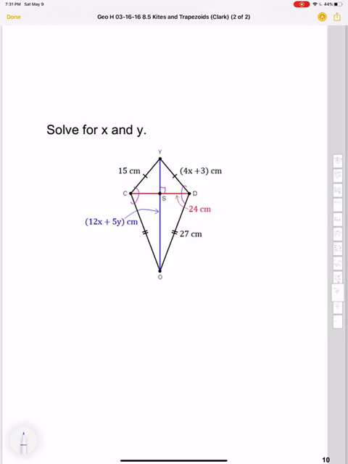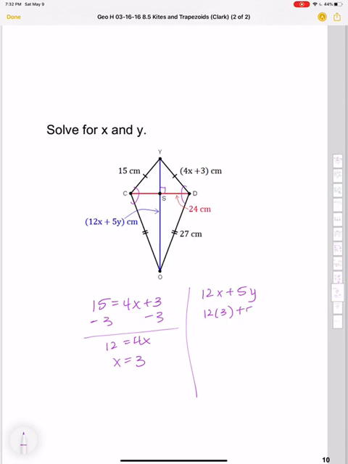Oh, this is just nice algebra. 15 equals 4x plus 3. Minus 3 minus 3, 12 equals 4x. So x equals 3. And if x equals 3, then 12x plus 5y is now 12 times 3 plus 5y.